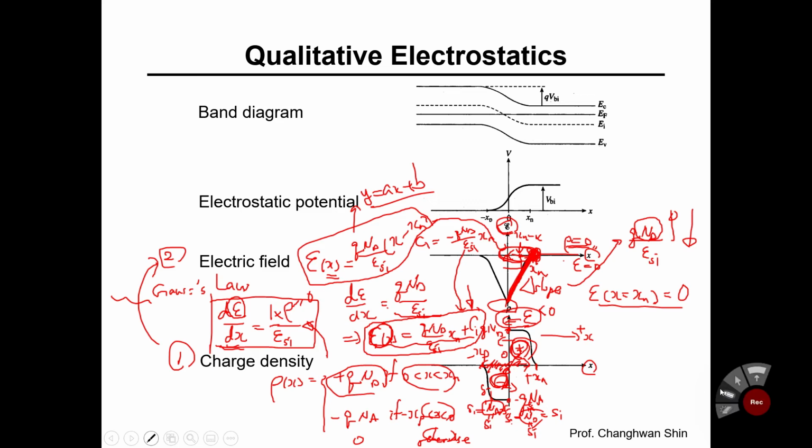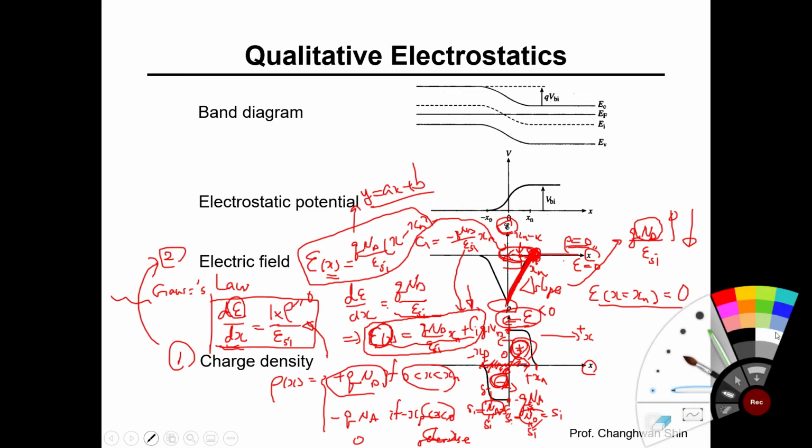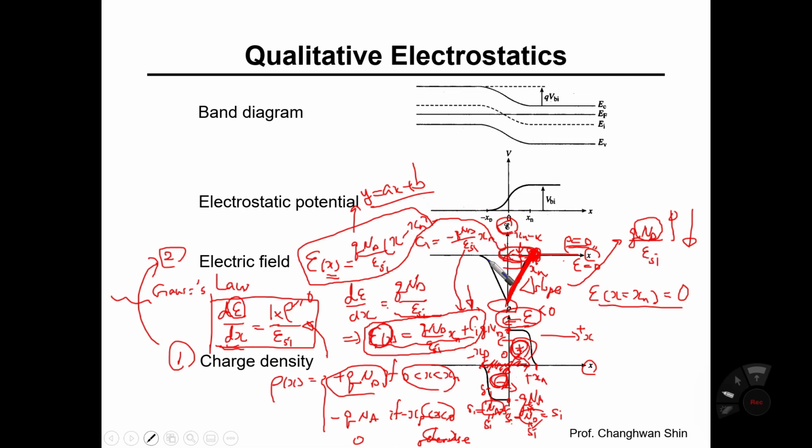And no, let me change my pen color. All right, let's solve this part one more time. So I'm talking about this region, minus xp to 0. The charge density has been denoted as minus q times Na.